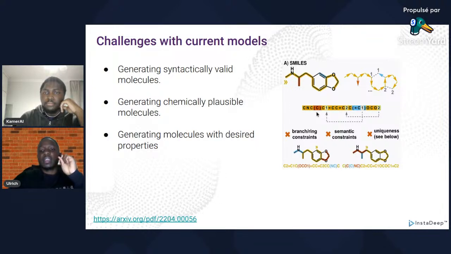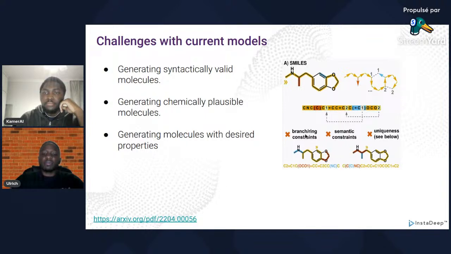So this means that one molecule could have different SMILES representations. And also there's no specific ordering in this. You could start from any point and start representing the atoms and have a representation of the molecule. And you could start from another point and have another representation of the same molecule. So there's no uniqueness in the representation.